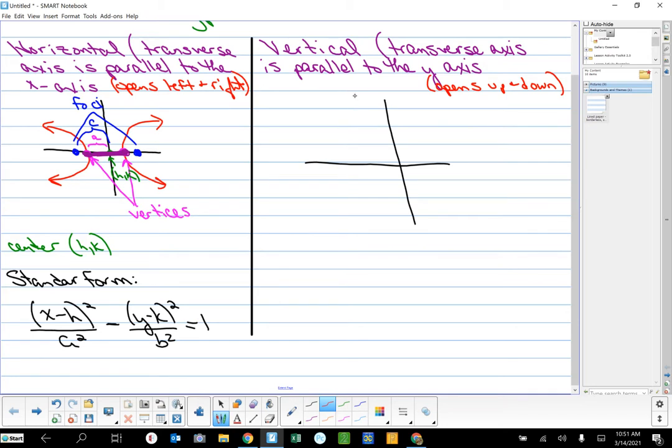I drew a not very symmetric coordinate plane there. So the center would be here at (0, 0), right? That would be (h, k). And then your vertices would be here.